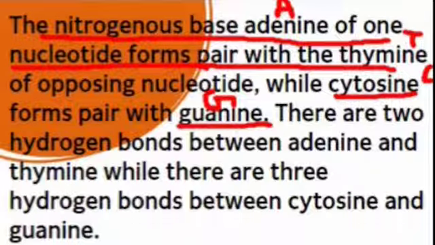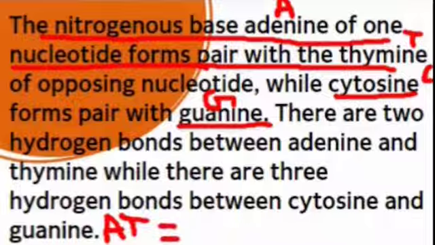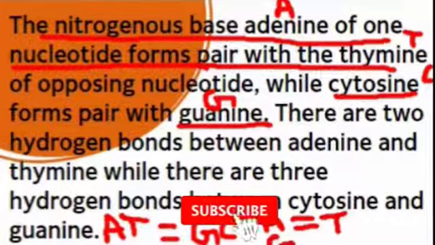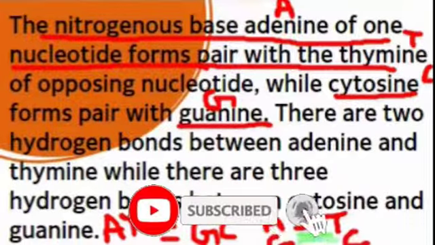You can remember this by making a trick like the mnemonic AT GC. A, adenine, pairs with T, thymine. G, guanine, forms a pair with C, cytosine. AT GC, at Government College, or at GC Faisalabad.